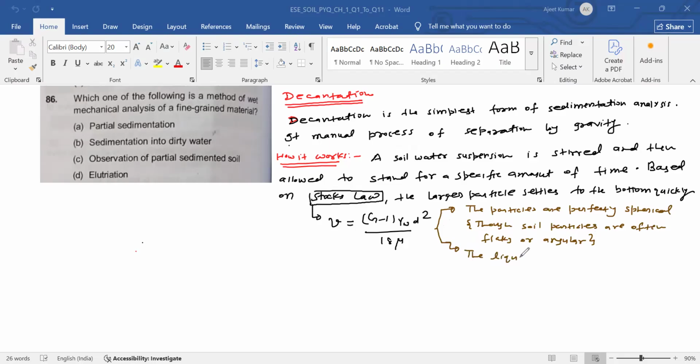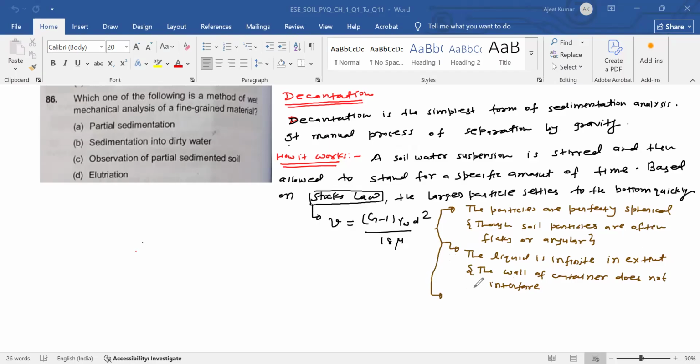The wall of the container does not interfere.